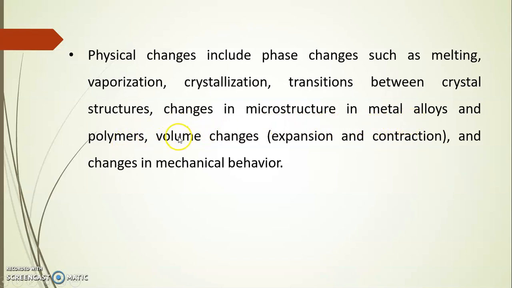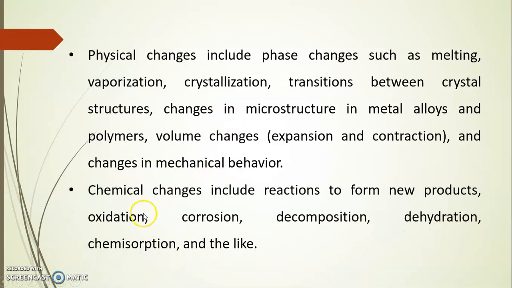Then it also includes volume changes such as expansion and contraction and changes in mechanical behavior. So these are physical changes. And chemical changes include oxidation reaction, corrosion, decomposition, dehydration, chemisorption and others.